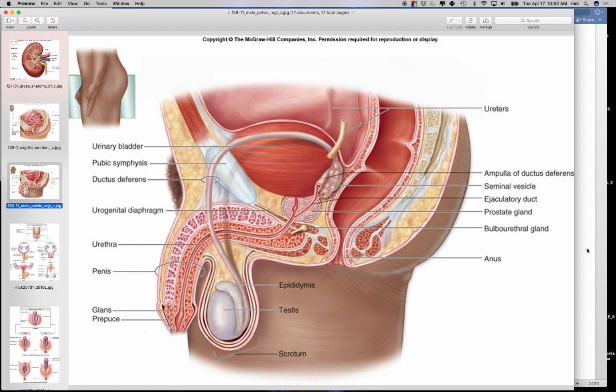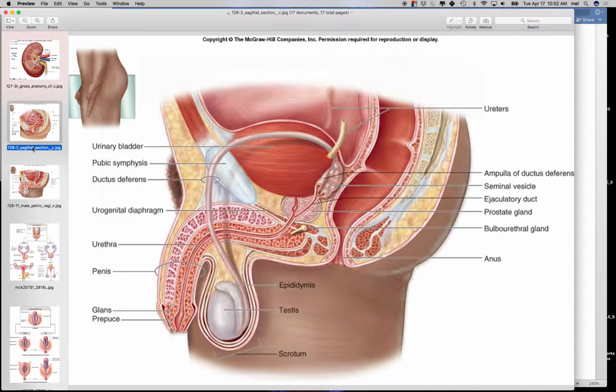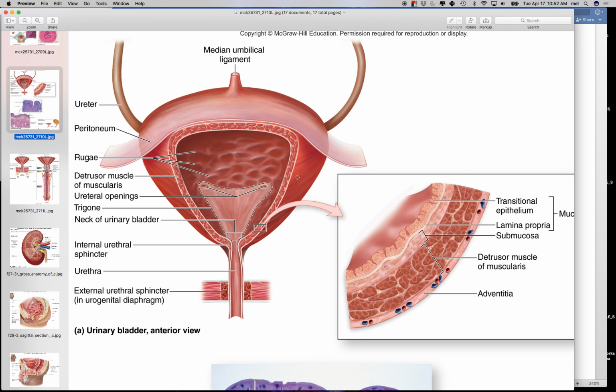All right, so the internal urethral sphincter, its primary job is to prevent dribbling of what's stored in here into the urethra. Now, it slams shut. Sometimes there are a few drops in here.